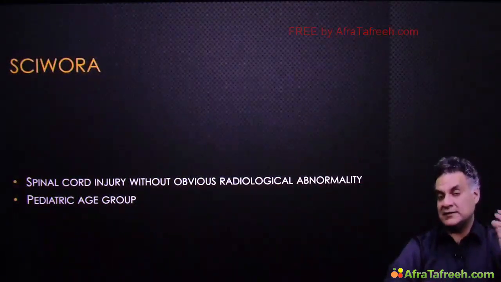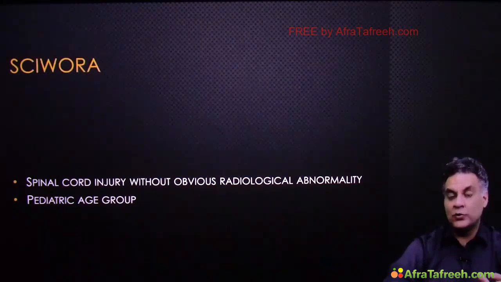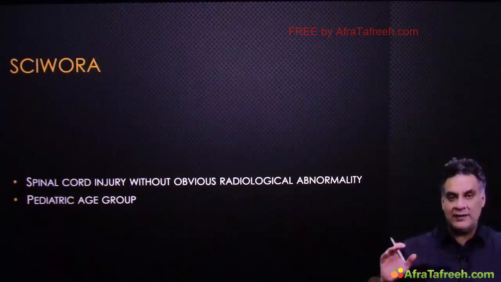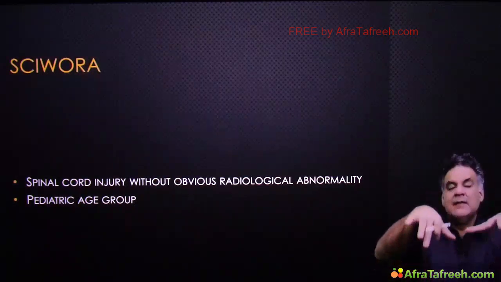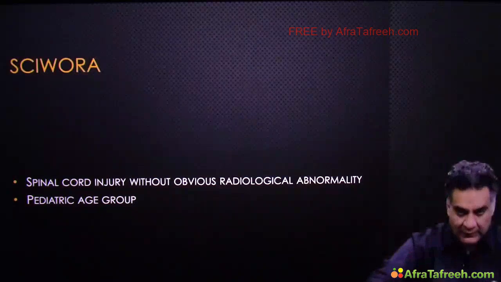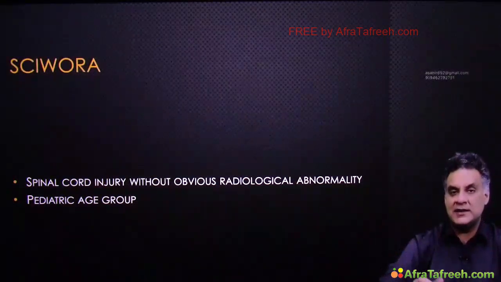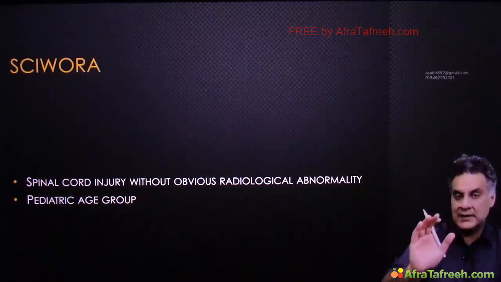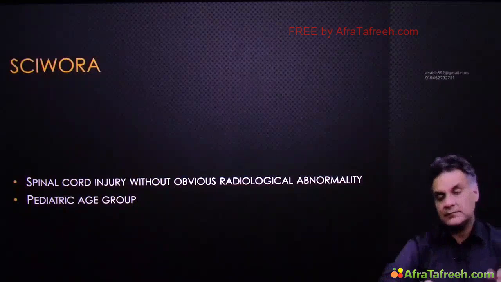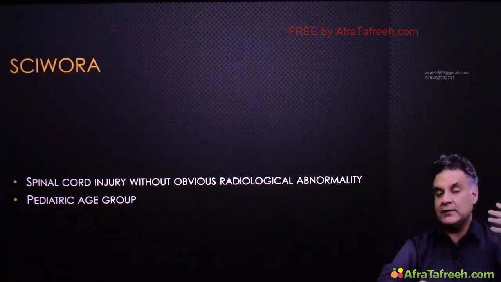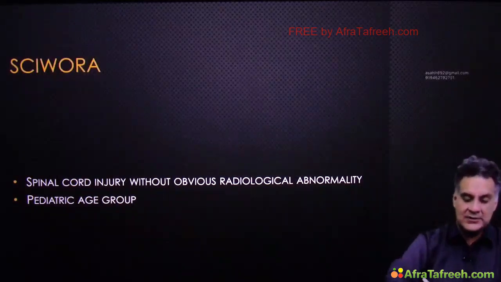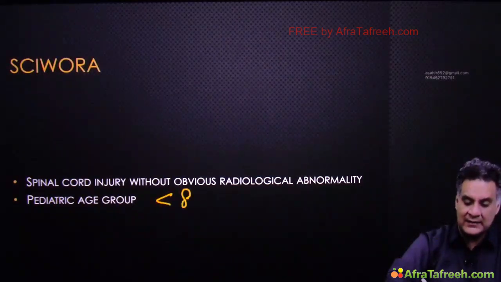Then one more fracture in the cervical spine, which is known, is hyperextension followed by flexion. So if you're going in a high-speed vehicle, the sudden brake, your spine will go back and then come in front. This is called as a whiplash injury, where there is a hyperextension followed by flexion. And then you have one classical term, spinal cord injury without obvious radiological, means X-ray abnormality, SCIWORA in child less than 8 years.